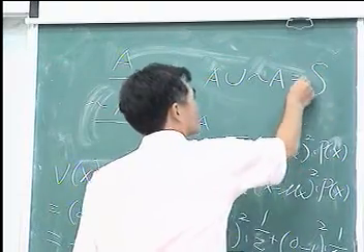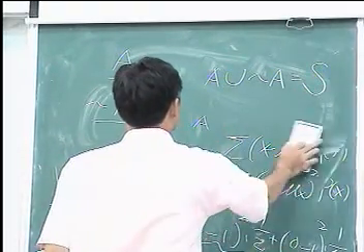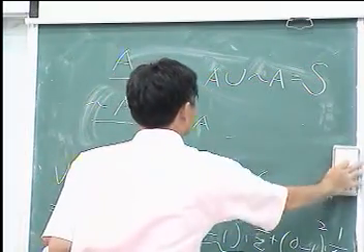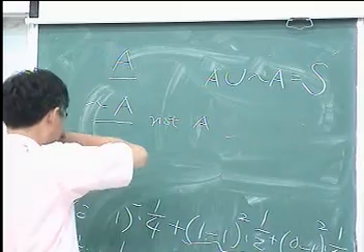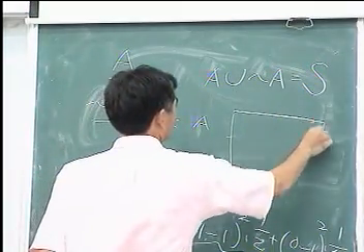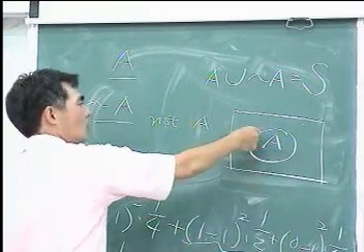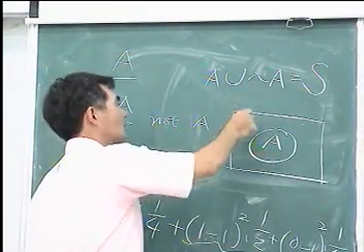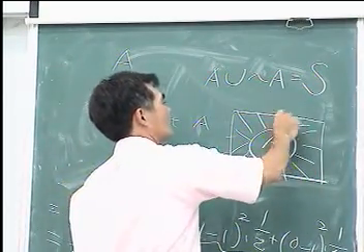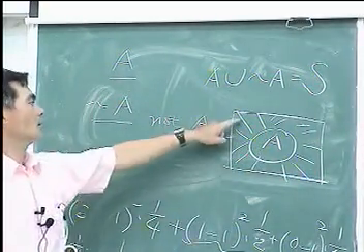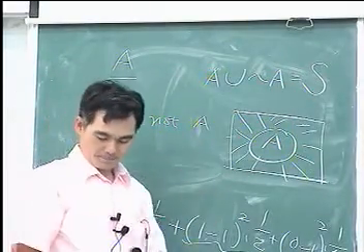The sample space, right? Because if we draw a diagram, the whole circle is A, and not A is outside this circle. So A or not A will be equal to the sample space.